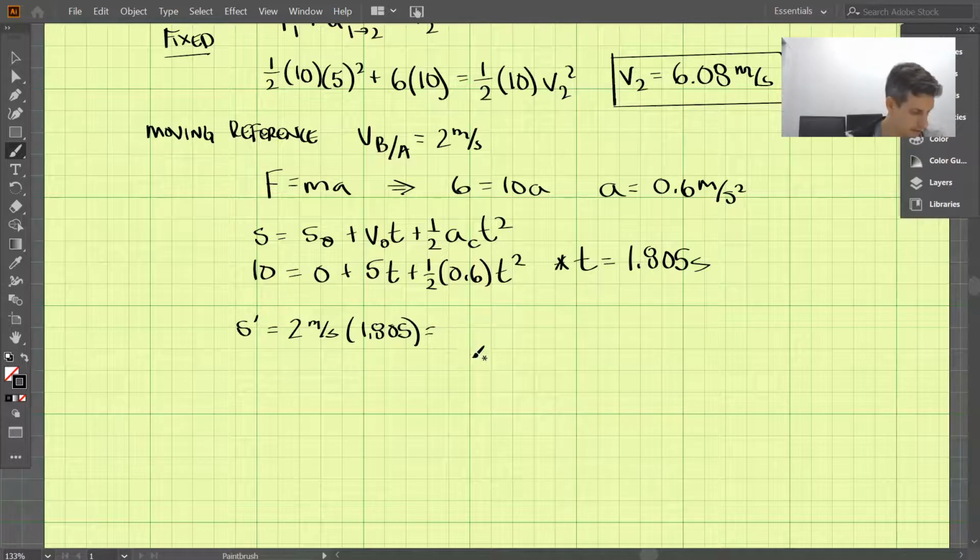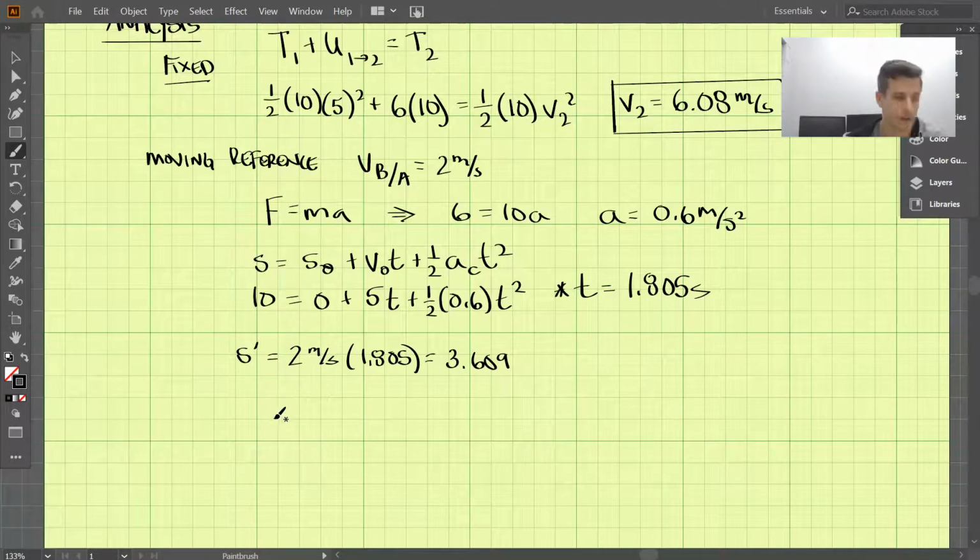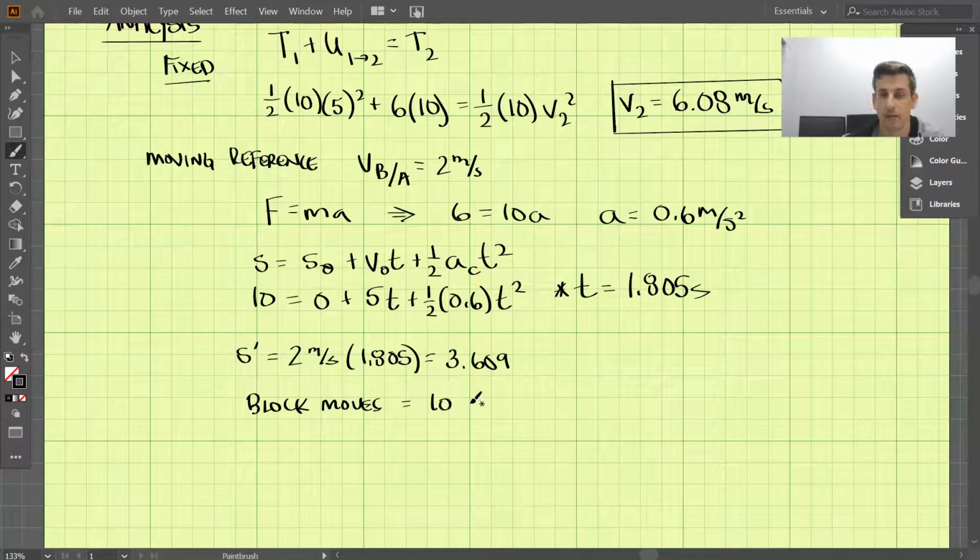So the observer is actually going to move 3.609 meters. So to the observer, the block appears to move the 10 meters minus the amount the observer moves, 3.609, which comes out to 6.391 meters.